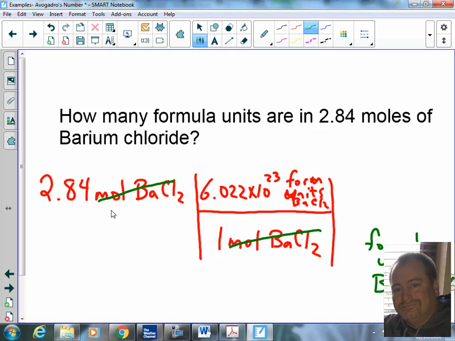And I get 1.71 times 10 to the 24 formula units of barium chloride. Now, I had a big long number, 1.710248 times 10 to the 24. Why did I only put 1.71?